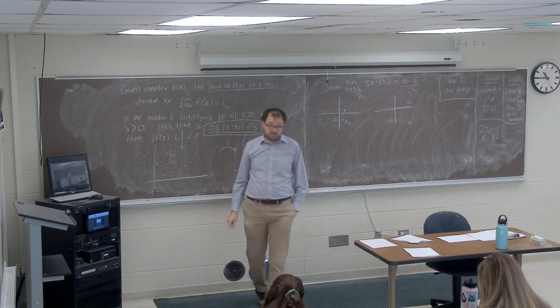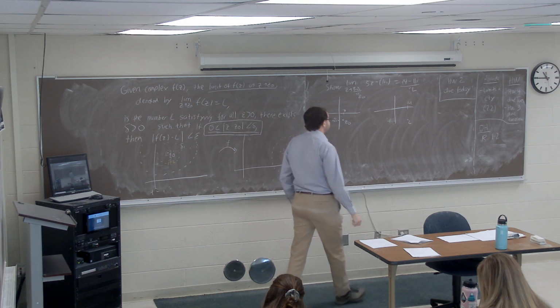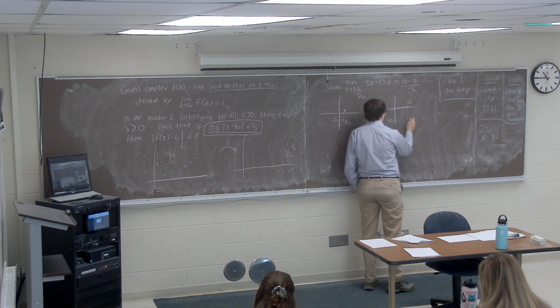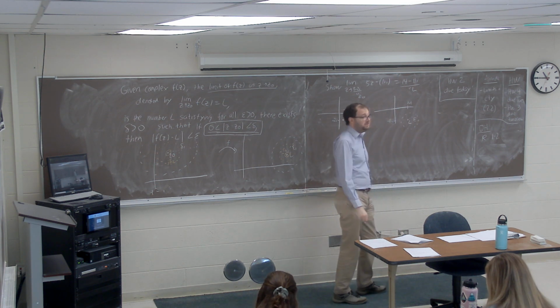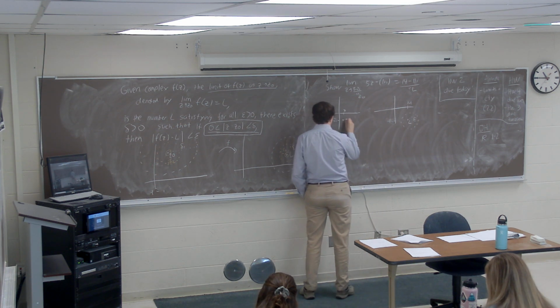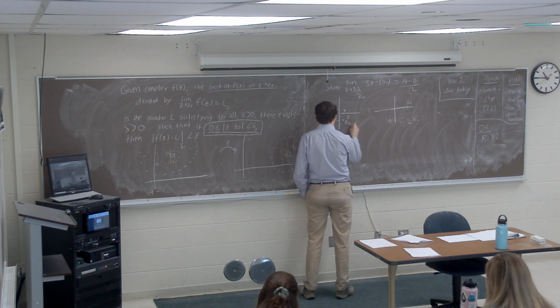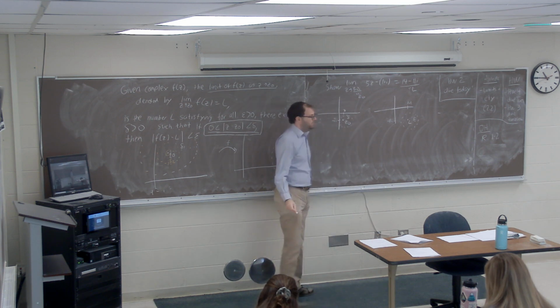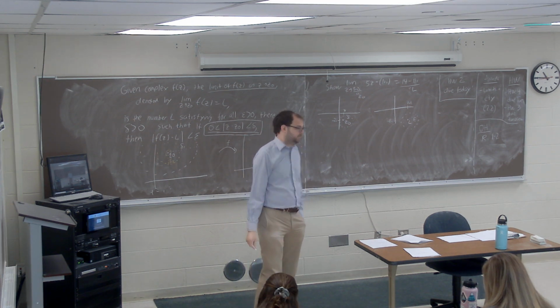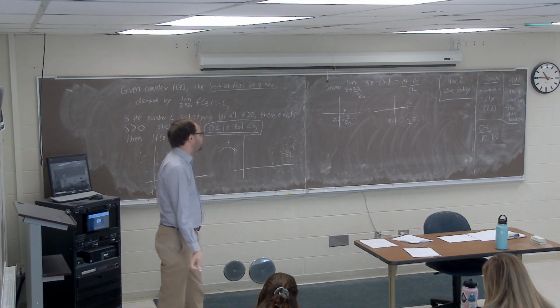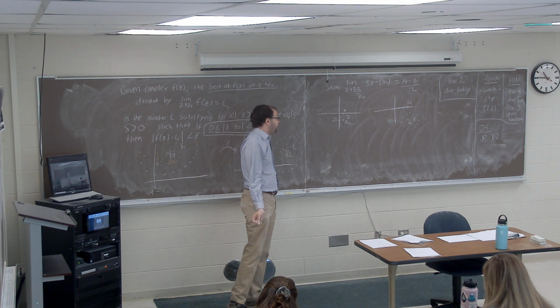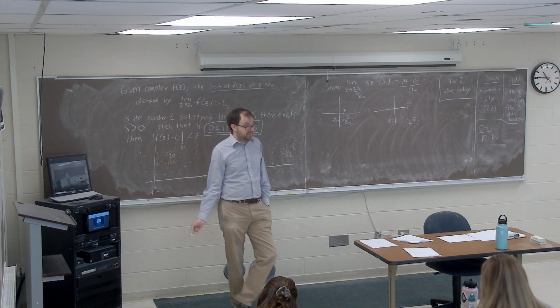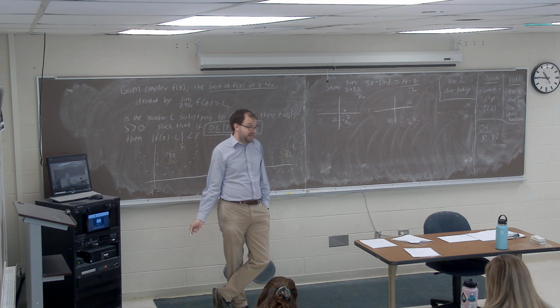And our goal is going to be to prove that if I give you any epsilon neighborhood of L over here, you can find a delta neighborhood of this point Z naught that'll map to within it. So in other words, our goal is, if I give you an epsilon neighborhood of L, construct a delta neighborhood of Z naught that everything in that delta neighborhood will map to within the epsilon neighborhood.